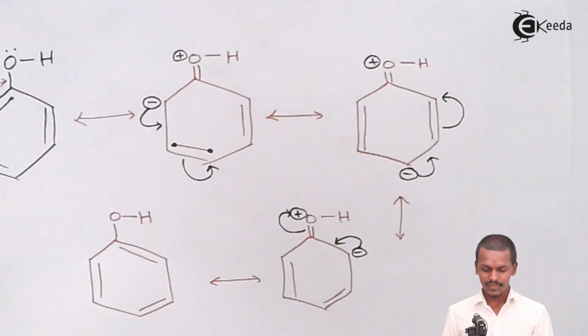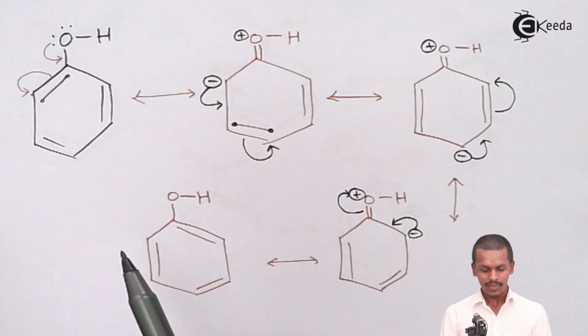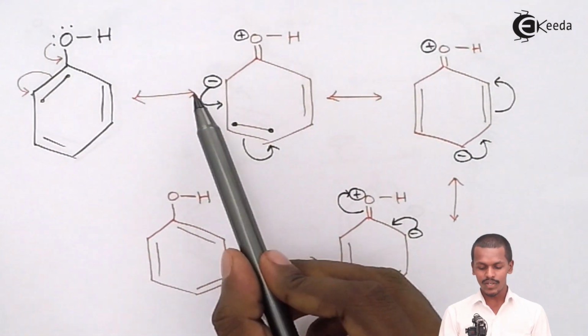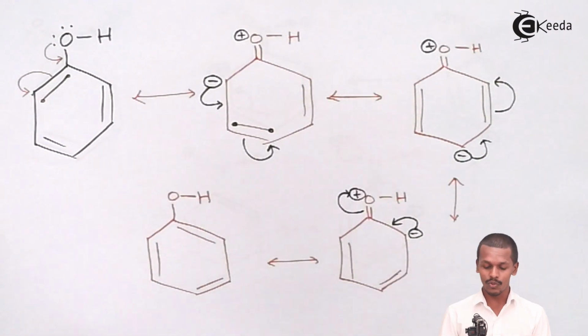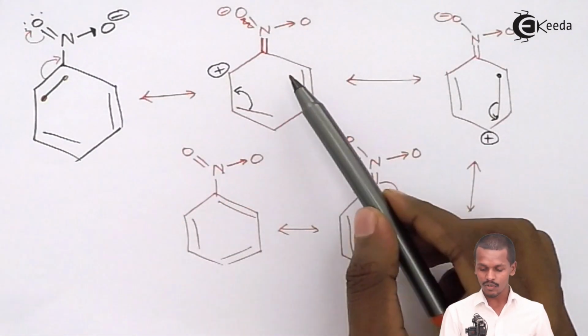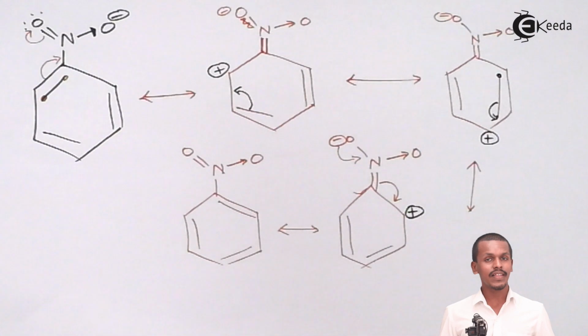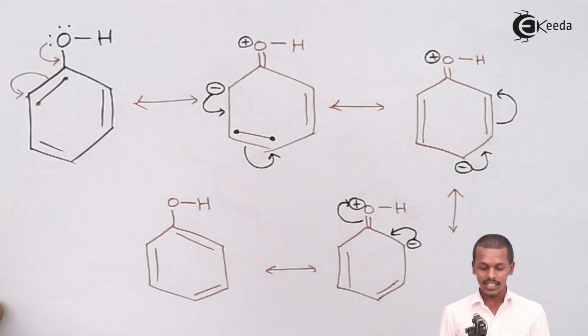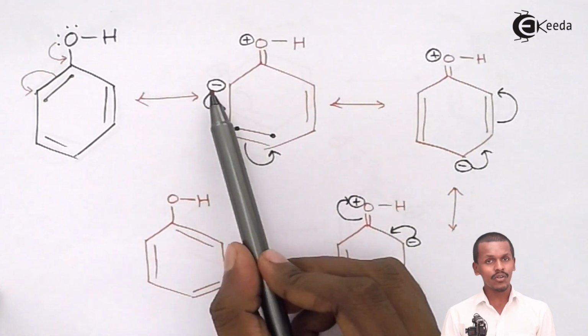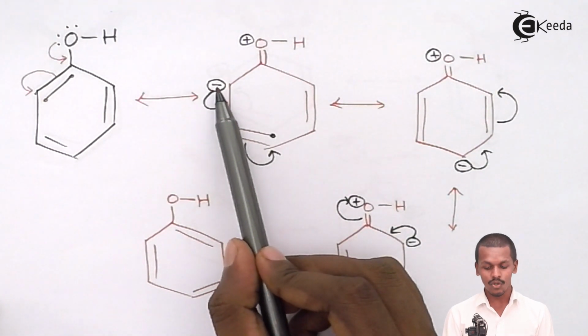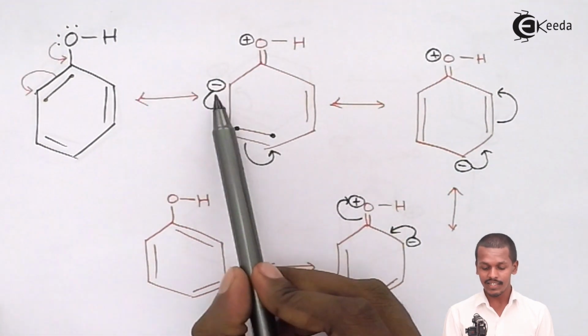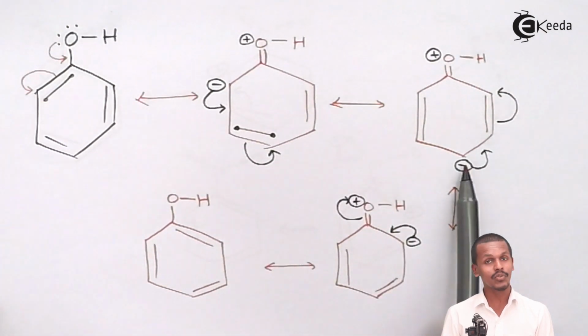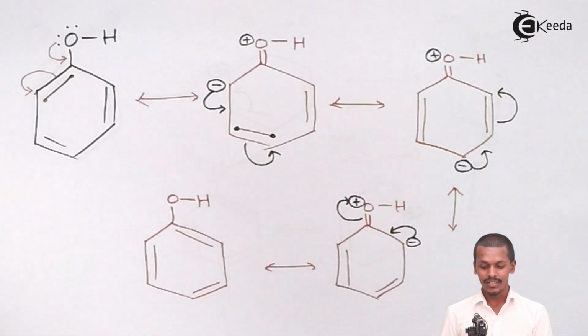Talking about the first one that I have explained, here also we could see that the electron density of the benzene ring has been reduced, and similarly here also the electron density has been reduced. But what we have all got to observe is that the electron density present on the ortho position and para position is more compared to this one.